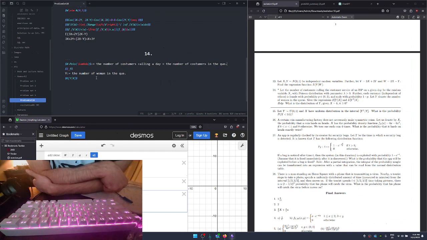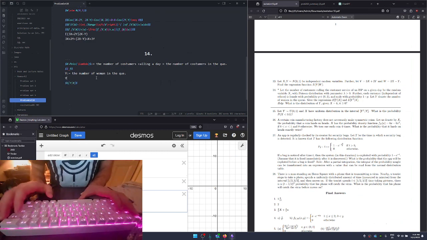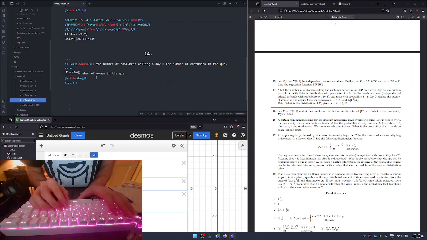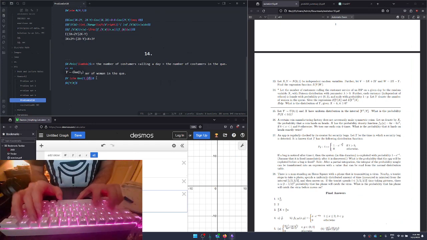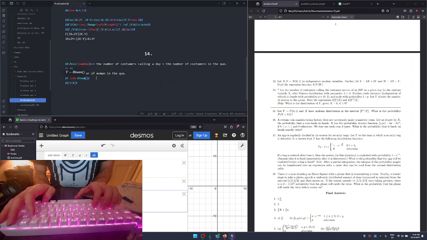Well, you know the probability of having a woman, so y is just a geometric distribution. Actually, y is an indicator variable, so no, it's not a geo, it's a binomial.